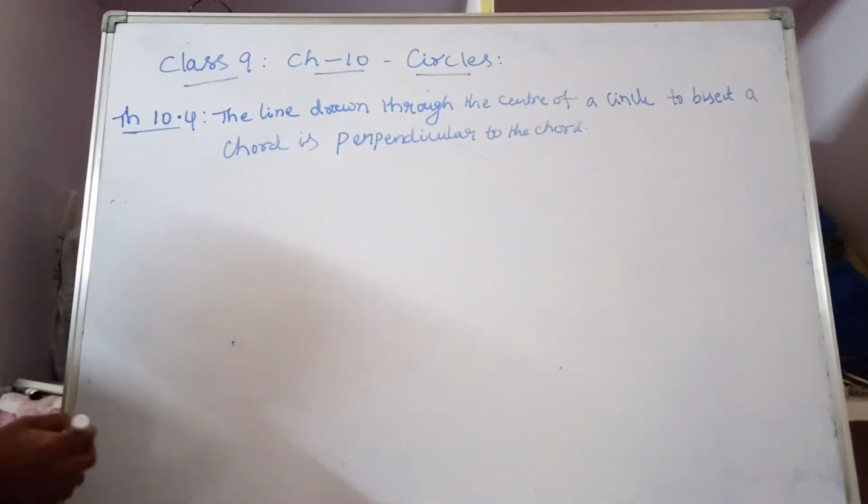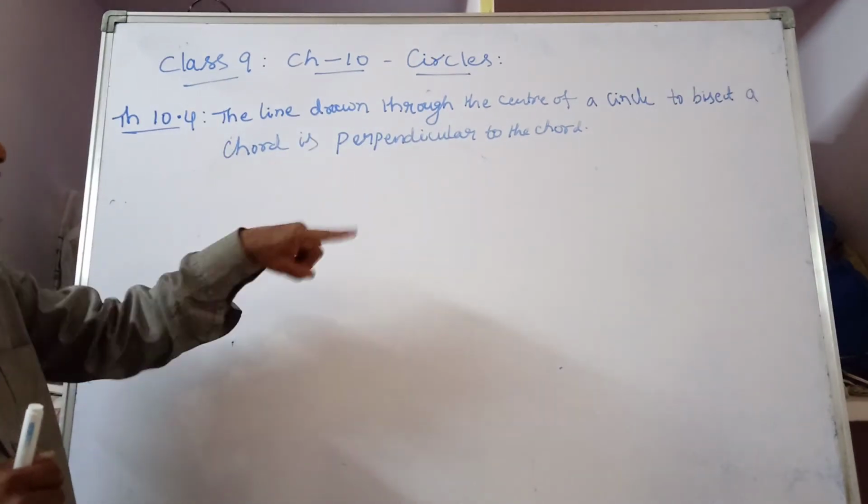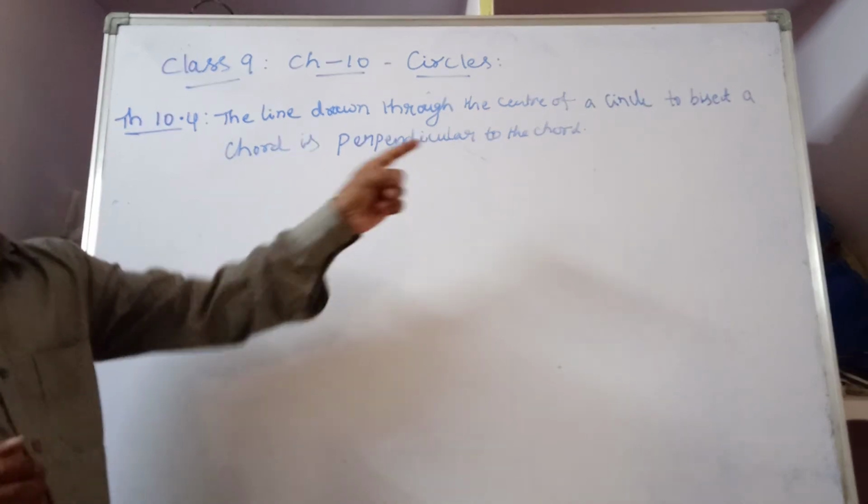So now what is the statement? The line drawn through the center of a circle to bisect a chord is perpendicular to the chord.